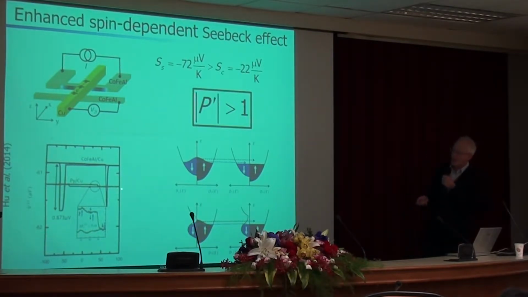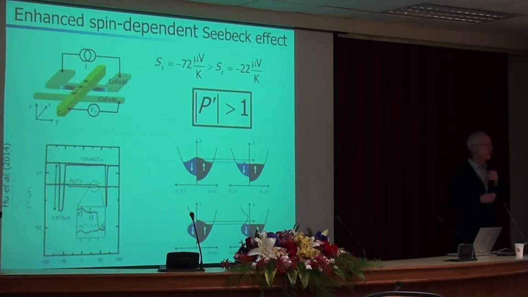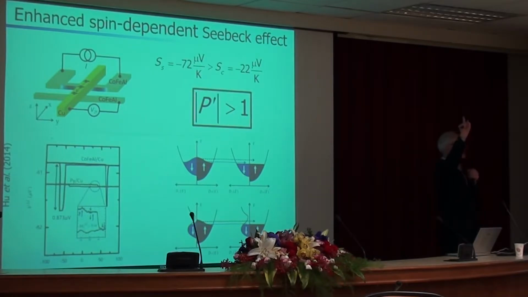So the interesting effect is that here you see the signals for copper, iron, aluminum compared to permalloy, copper, and we see it's strongly enhanced. In this case, it turns out that the spin-dependent Seebeck coefficient is much larger than the charge Seebeck coefficient. We can explain this simply by this P prime, which is clearly larger than 1. It means that the up-spin electrons are electron-like, the down-spin electrons are hole-like for this type of band structure.